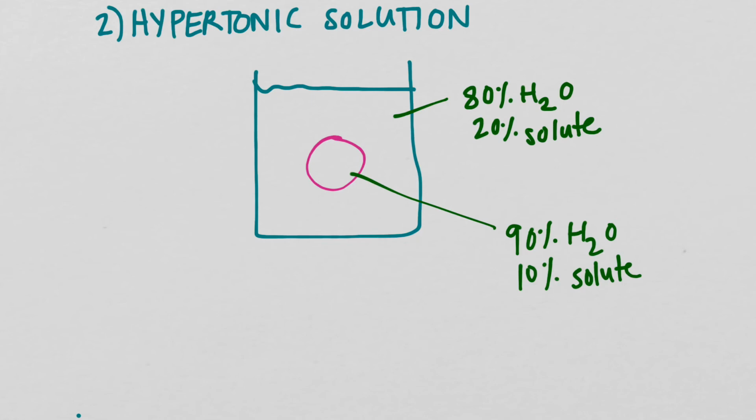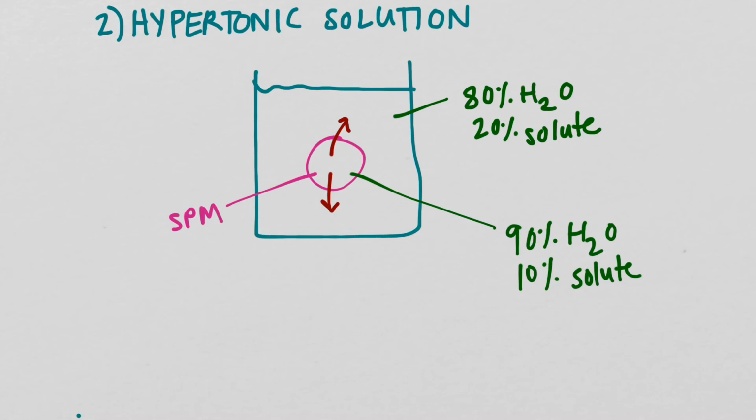And the solute would want to pour into the cell, but it can't because of this selectively permeable membrane. Let's label that again, SPM. The only thing that can move is water through the pores, and water has a higher concentration in the cell than outside, so the water will then move from an area of high concentration to an area of low concentration.